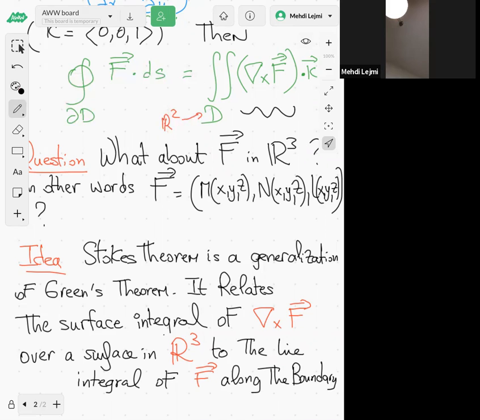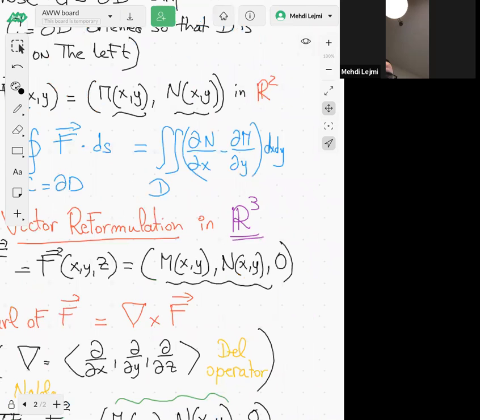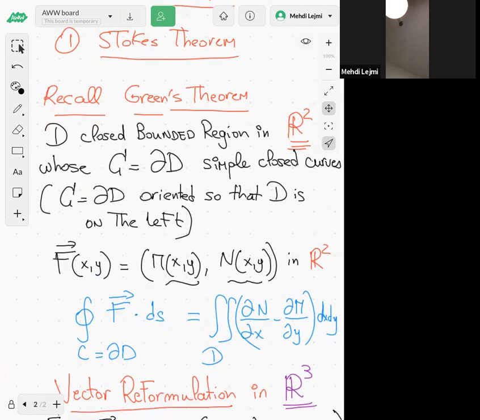So before I state Stokes' theorem and before the examples, we need to fix orientation. Because remember, in Green's theorem we said we need to orient. Remember, this curve, the boundary of D, must be oriented so that the surface is on the left. So we need to fix some orientation here, like in Green's theorem.